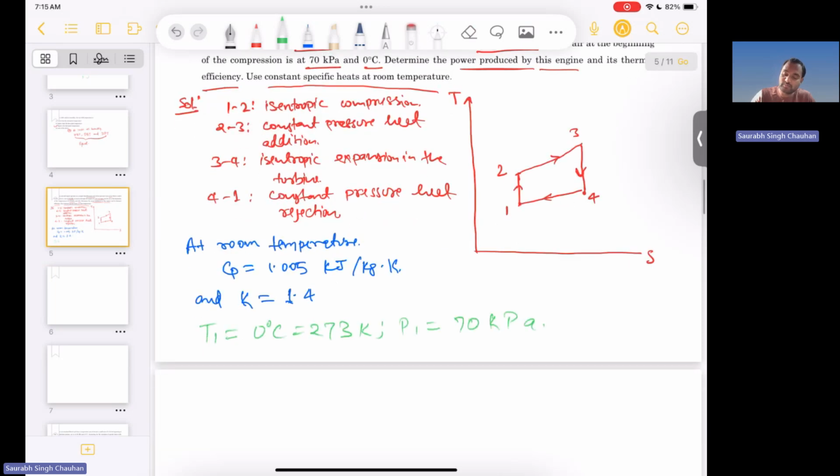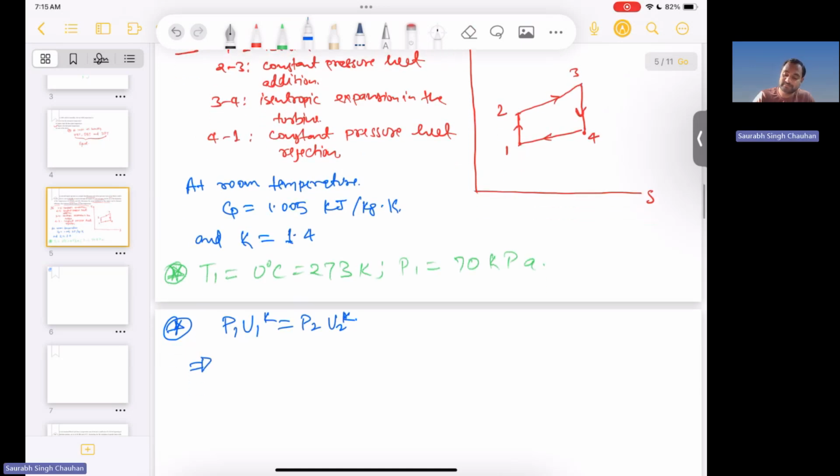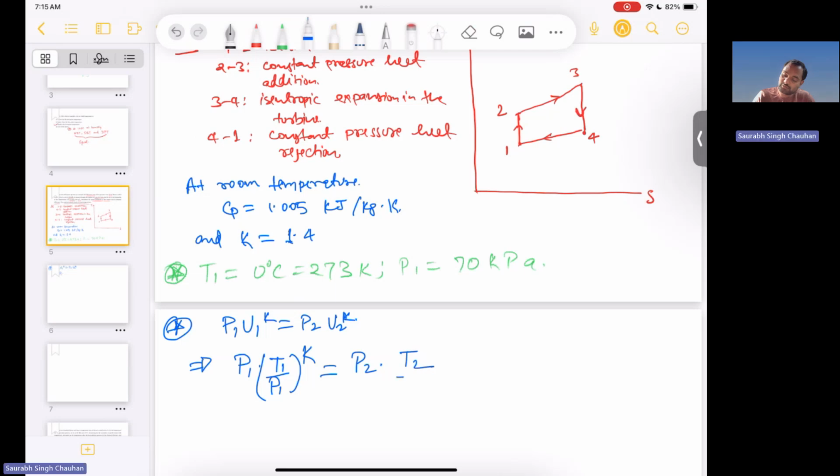To find these values at point 2, we'll have to use the adiabatic relation. What is that? P1 V1 to the power k is equal to P2 V2 to the power k. In terms of temperature, you can write this as P1 instead of V, you can write T by P: (T1 by P1) to the power k is equal to (T2 by P2) to the power k.